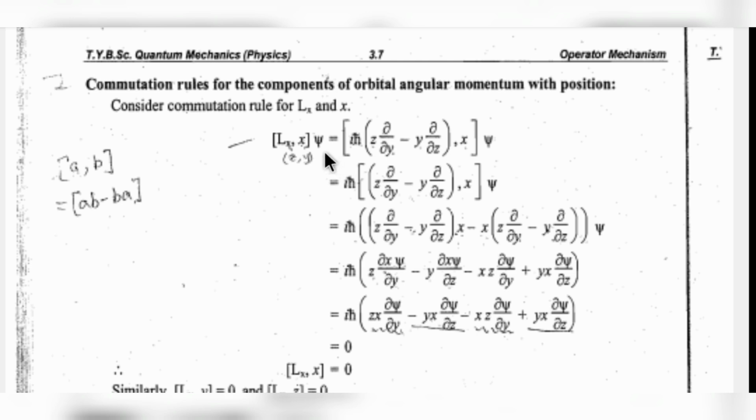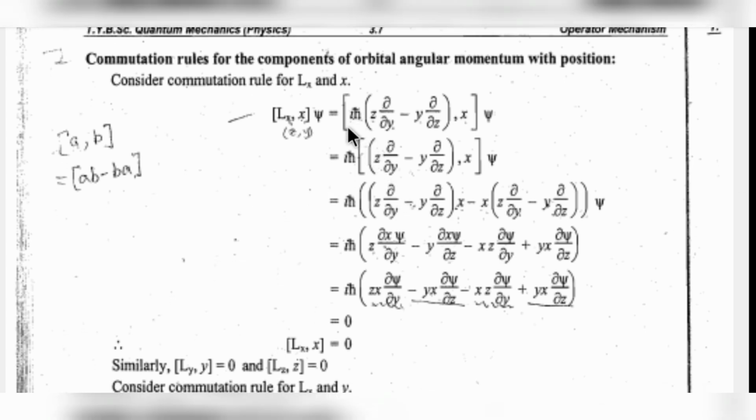and psi is also there, and we take iħ out of the bracket, and then we have two values. This value is a and x is b.